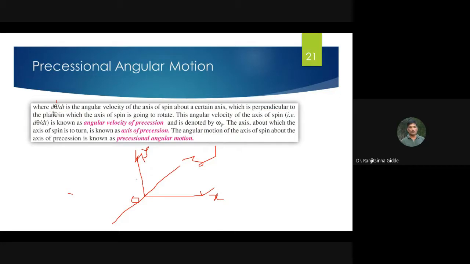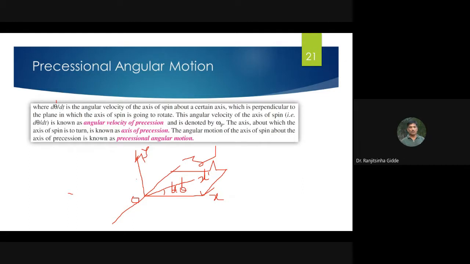Just listen. This is the plane, and in this plane this is ox, and it will have a new position ox dash, and this is nothing but d theta.